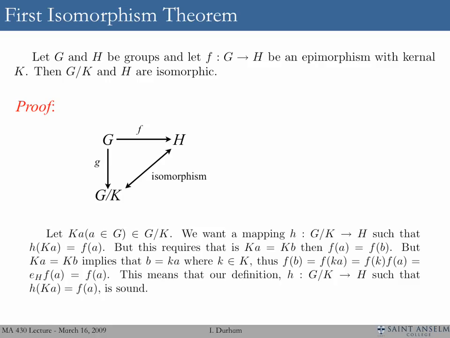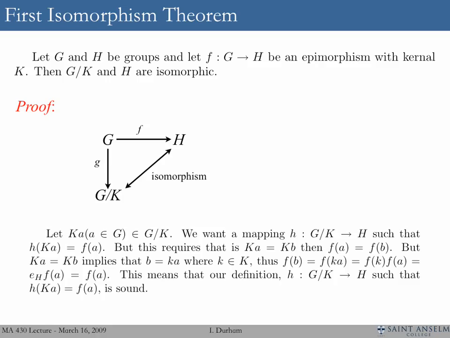So I walked through the proof in class, but I'll go through it again a little bit, and I added a little bit to the diagram that he's got in the book here. So f is some function that goes from G to H. And g is some function that maps from G to this G/K, right? And there's some isomorphism between H and G/K, all right?